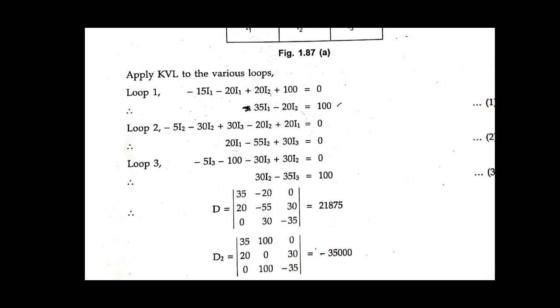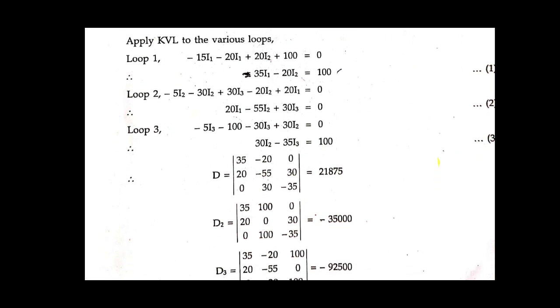D is the system determinant, and there are general formulas to calculate it. In the previous video we studied how to calculate the system determinant by Cramer's rule, and also the subdeterminants. So you can apply Cramer's rule here.